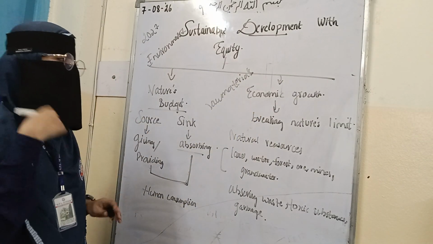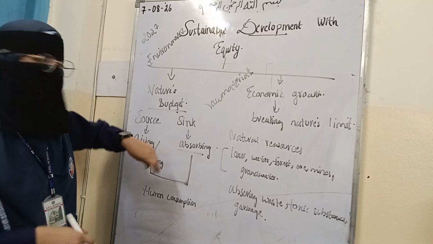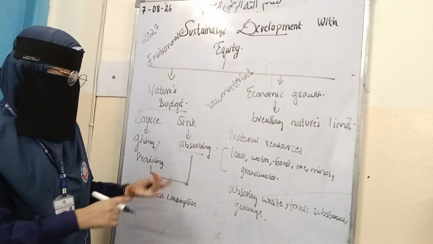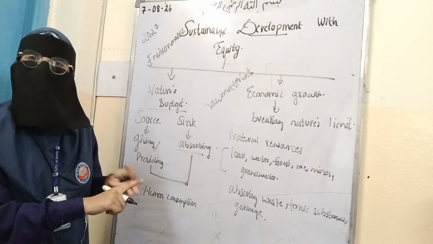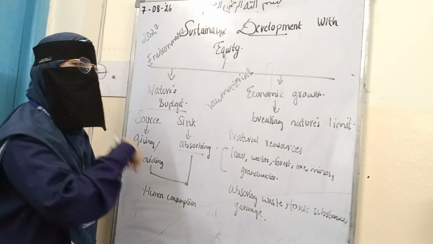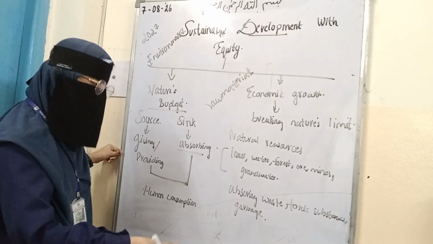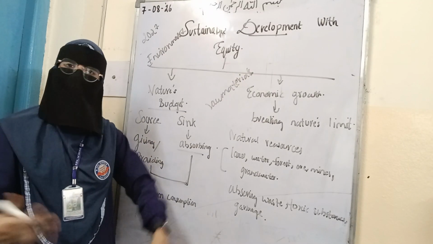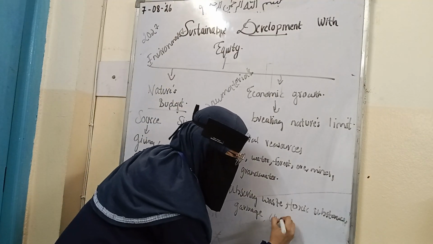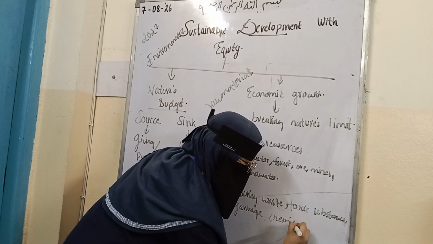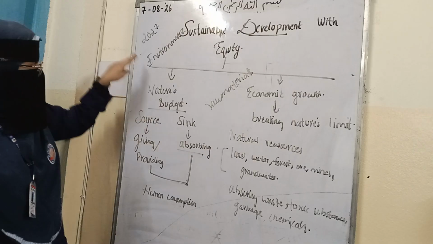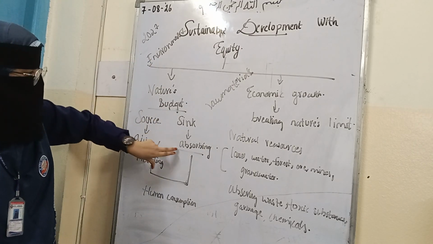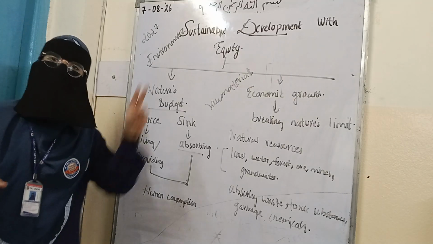When we are continuously using them, we are also throwing our garbage and toxic substances on the ground. Through this, land pollution, water pollution and soil pollution are taking place. We are throwing toxic chemicals, waste and garbage on the land. The second vital function the environment plays is sinking, absorbing. Whatever we throw, it absorbs through the rain.